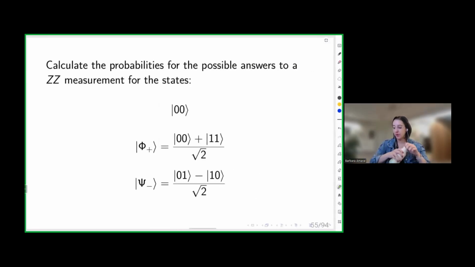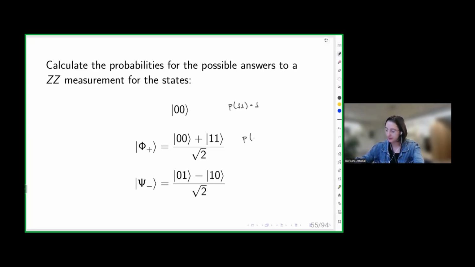So, simple example: calculate the probabilities of the possible outcomes of a Z measurement for this first state. So this is completely trivial because the states are already written in the basis that we want. So here I have probability of 1 equal to 1, all the others equal to 0.